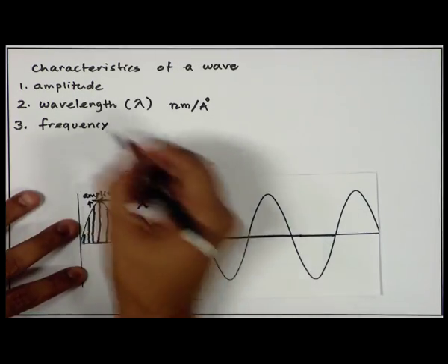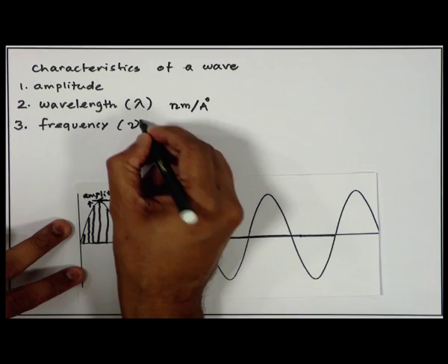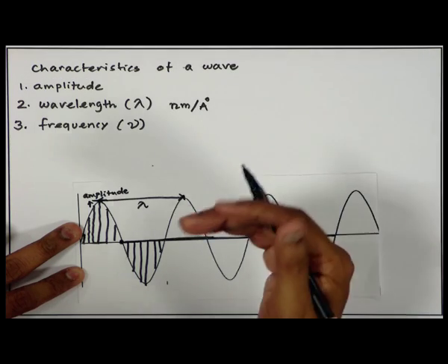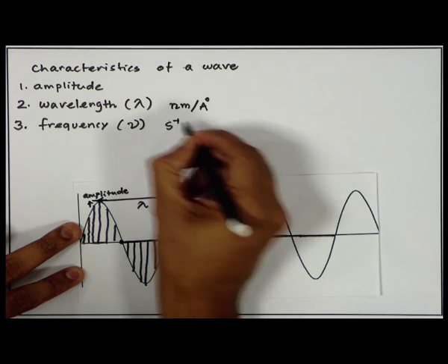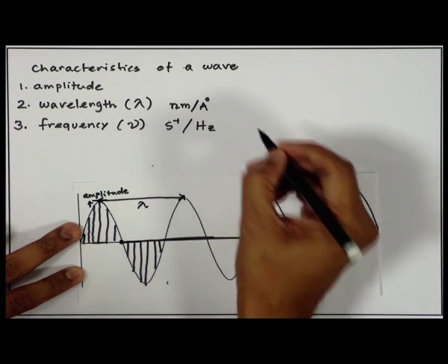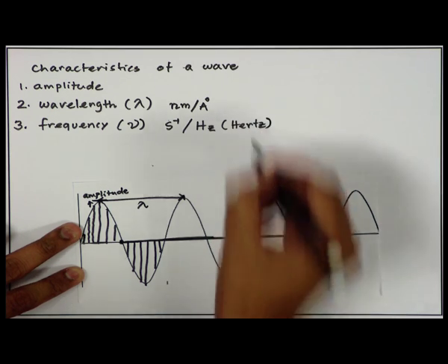That is known as frequency, given the symbol nu, and since it is a number per second, the unit is second inverse, also called hertz after the scientist Heinrich Hertz. All right.